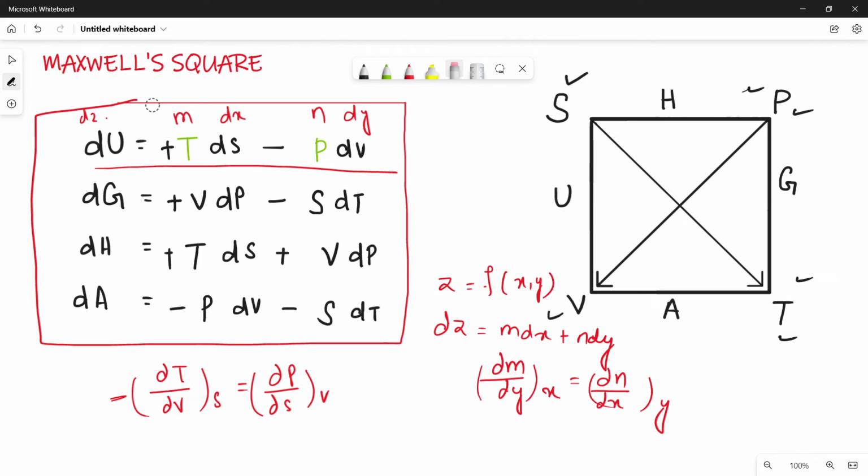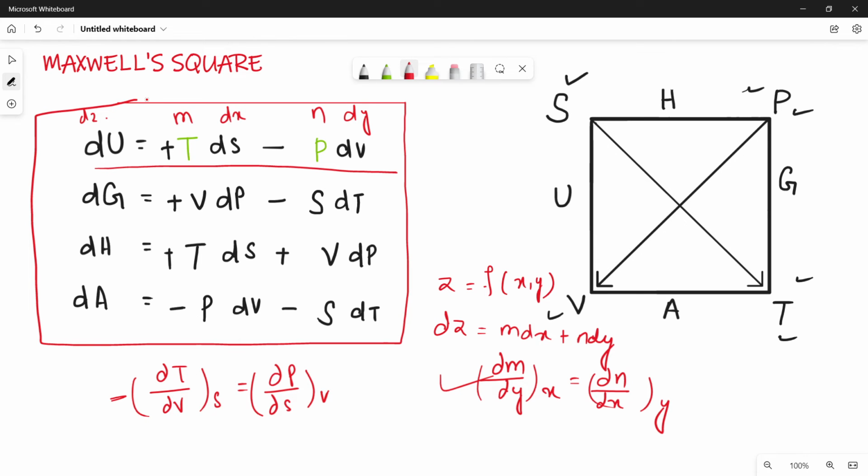So these are exact differentials. I have already told you that all the state functions are exact differentials of each other, so they must follow this. Using this we can find out all other relationships.